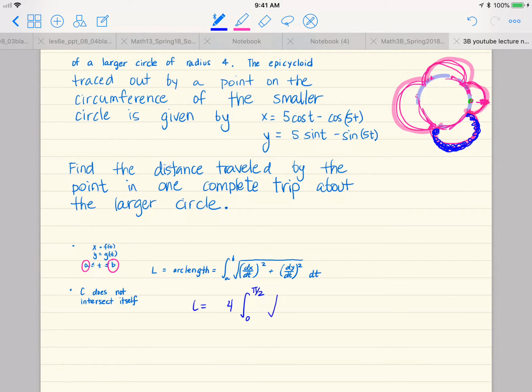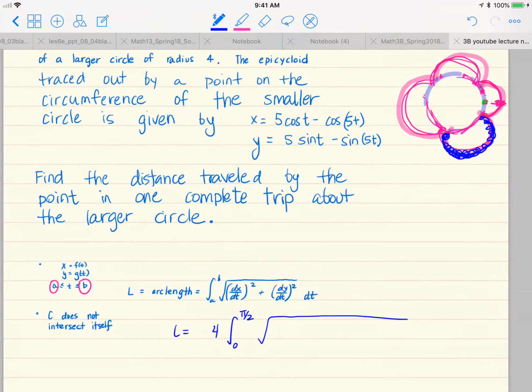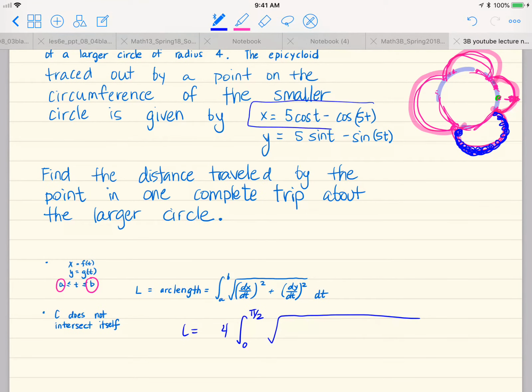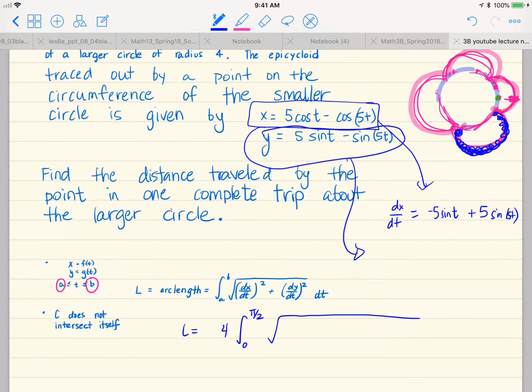Now we just need dx/dt. We're given x is 5 cosine t minus cosine 5t. So dx/dt is going to be minus 5 sine t plus 5 sine 5t. And dy/dt, similarly, is going to be 5 cosine t minus 5 cosine 5t.